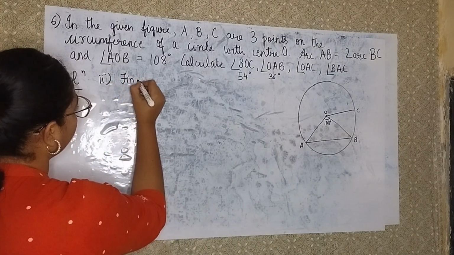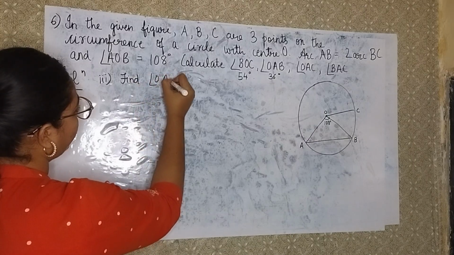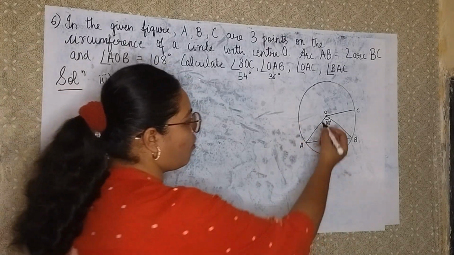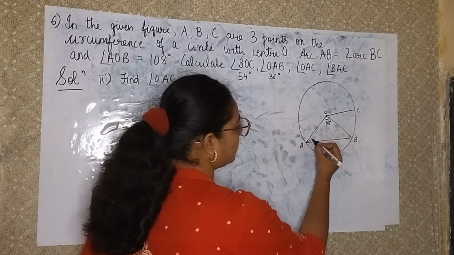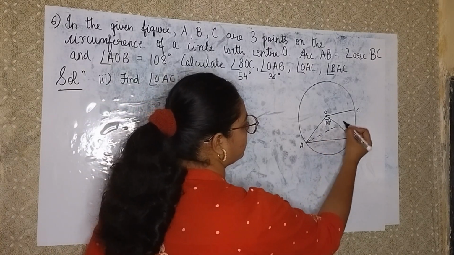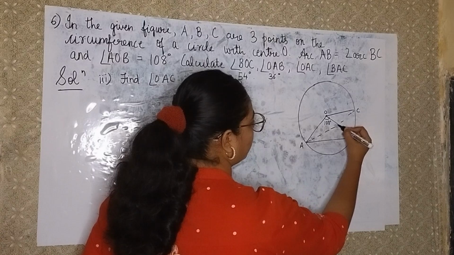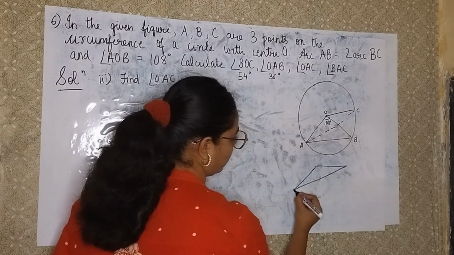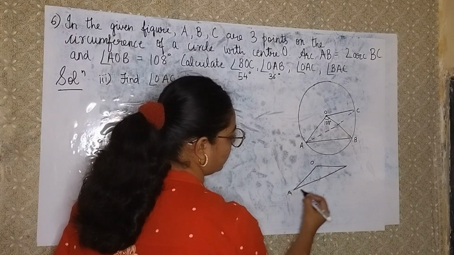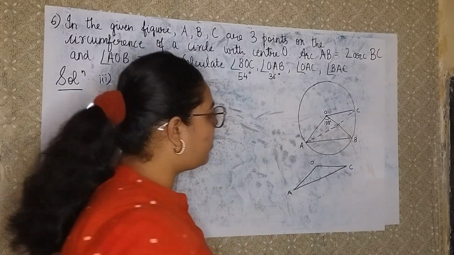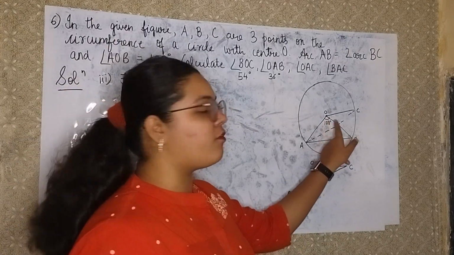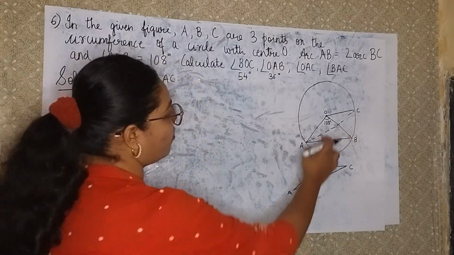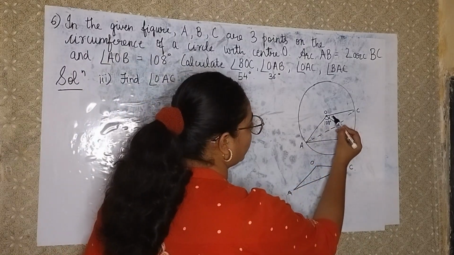Find angle OAC. Again, check where this angle lies. OAC is somewhat like this. So I can make this triangle OAC. Now if you see, angle AOC is made up of two angles, AOB and BOC, and we know BOC is 54 degrees.